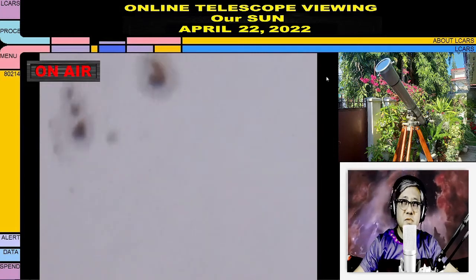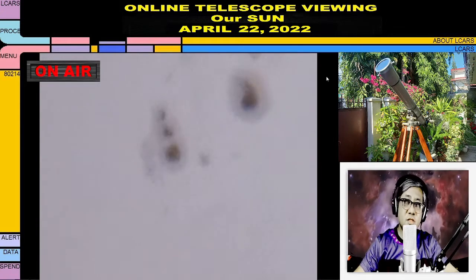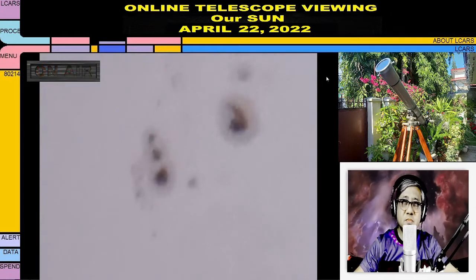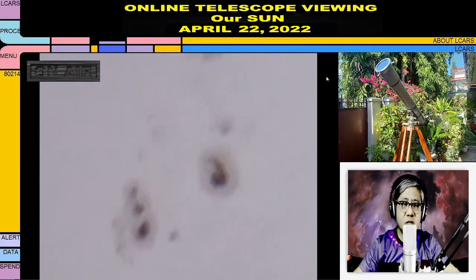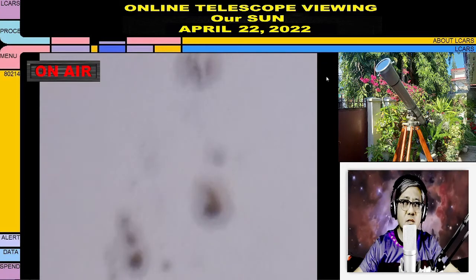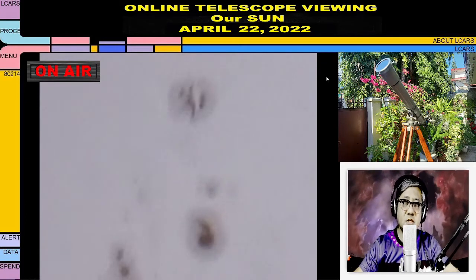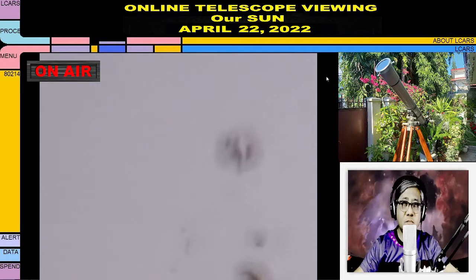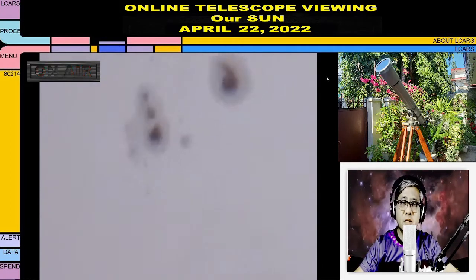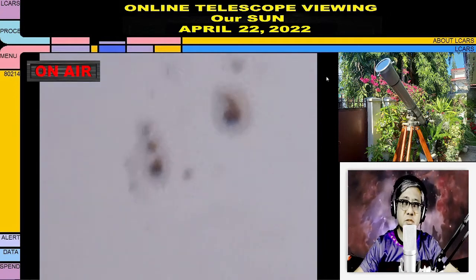Alright, so ayan po no. Ako'y namamangha talaga sa mga sunspots na to. Ayan. Unlike yung mga nakarang taon no, halos walang solar activity, walang sunspots. Pero talagang ako'y natutuwa no at tong solar maximum we can observe a lot of sunspots.